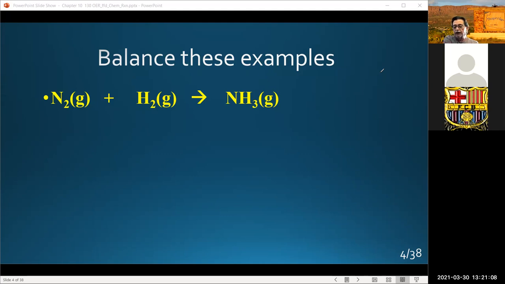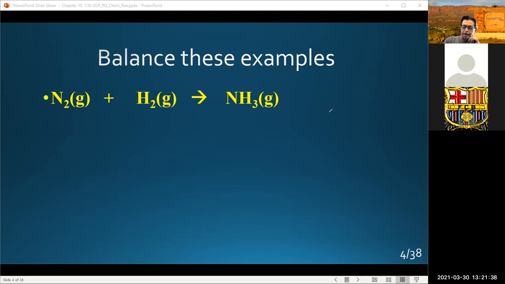And so nitrogen gas in the presence of hydrogen gas reacts to give you ammonia, NH3. All right, so notice here we got to balance it. We got 2 nitrogens on the left as reactants, 2 hydrogens on the left as reactants. But as products, you can see that we have 3 hydrogens. Okay, so things are not balanced.